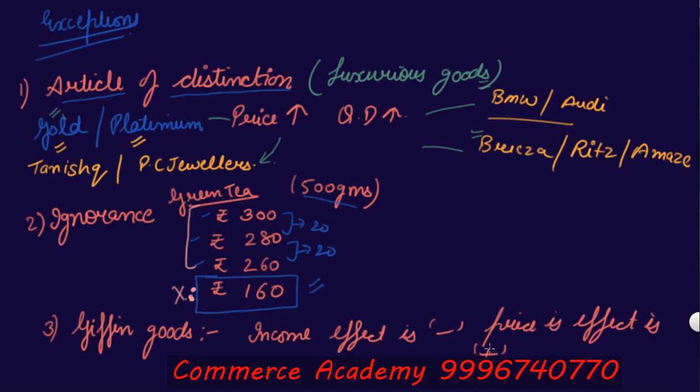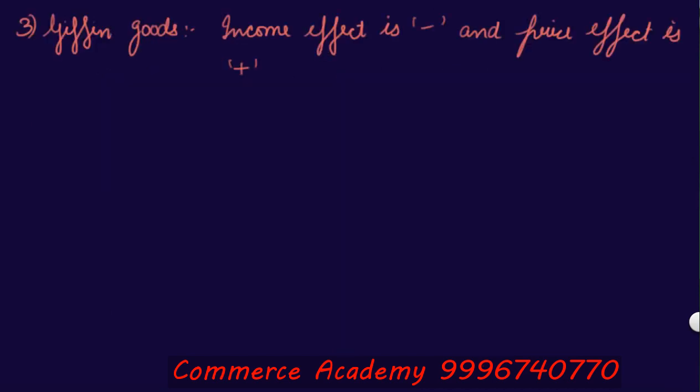We will be understanding the difference between normal goods, inferior goods, and Giffen goods clearly in the next video. See, let's understand what Giffen goods are and how these are the exceptions to the law of demand. Giffen goods are low quality goods.